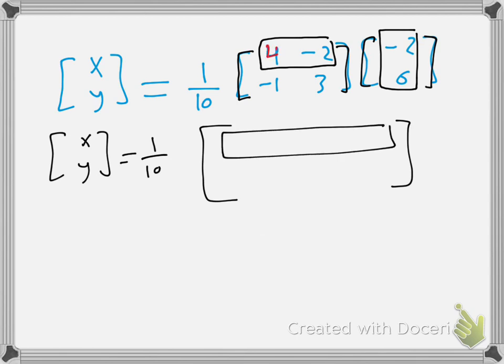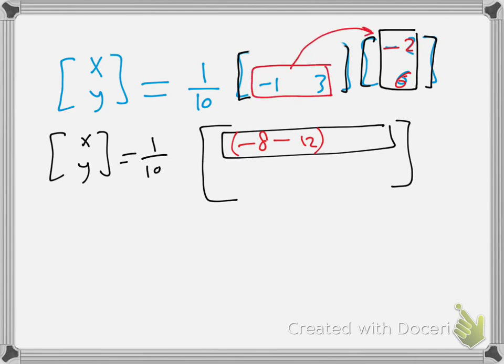Now let's multiply the first number with the first number, 4 multiplied by -2, -8, and multiply the second number by the second number, it will give us -12. Then this is finished. Now I will remove the first row and I will deal with the second row. Then I will take this row and I will multiply it by that column. It will produce here another row.